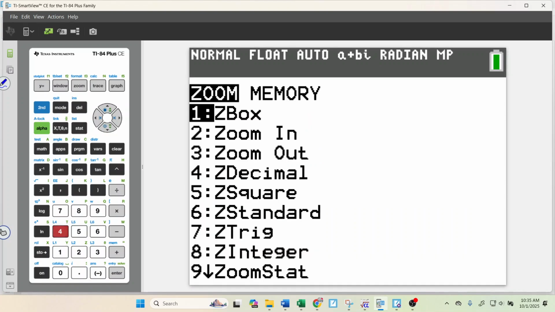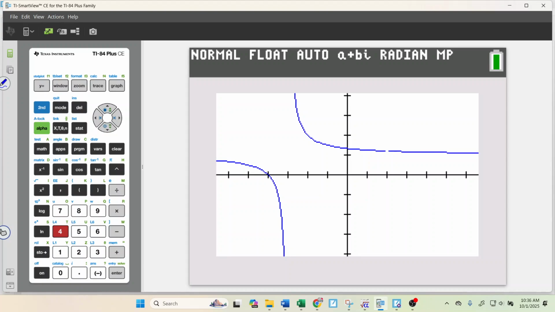If I zoom in, you can see now, what do we have at 2? We have a hole, because this is a removable discontinuity. I didn't write it up here, but we mentioned it.